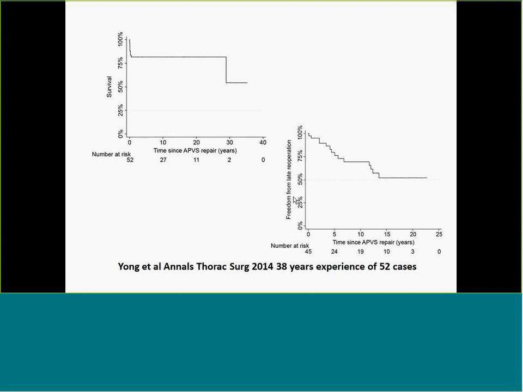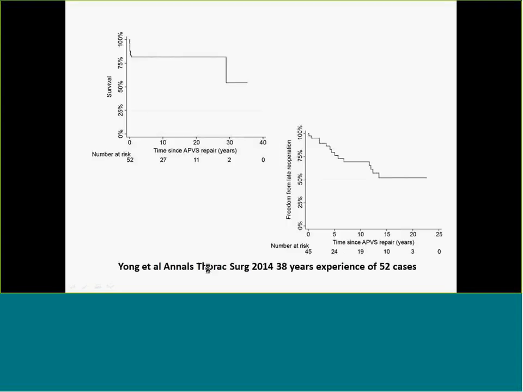A few studies have shown the late results of absent pulmonary valve syndrome, and I'll summarize a couple of them here. This is a very long-term study, almost 38 years of follow-up, of 52 patients operated for absent pulmonary valve syndrome. This is from Boston Children's Hospital and published in 2014 in Annals of Thoracic Surgery.